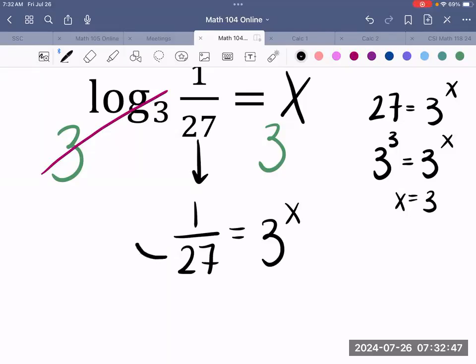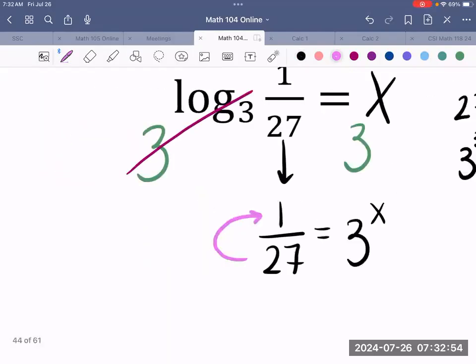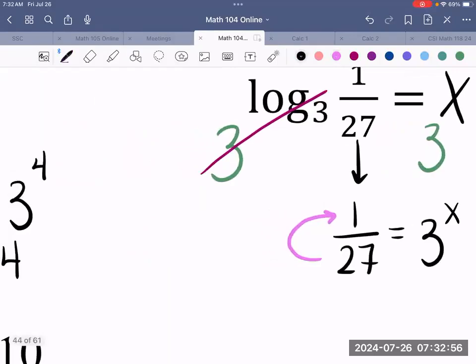Now, if you haven't seen the video on negative exponents, please take a look there. This will be kind of in brief, but we have a rule that says, if we have a to the negative 1, we don't typically see negative exponents. And so what we're going to do is shift its location.